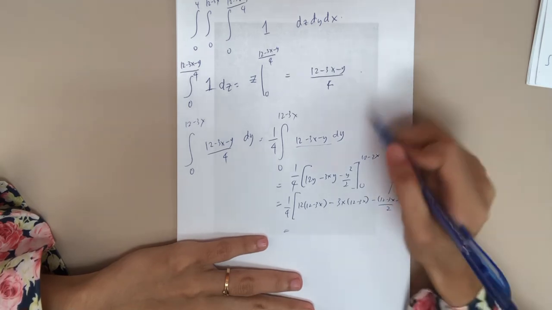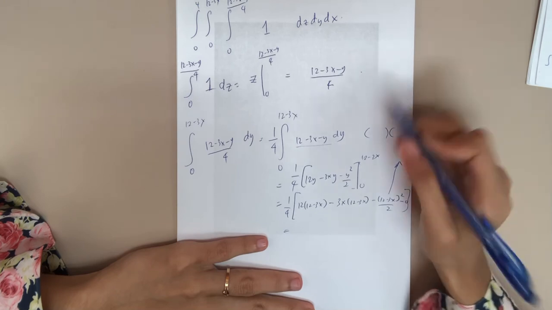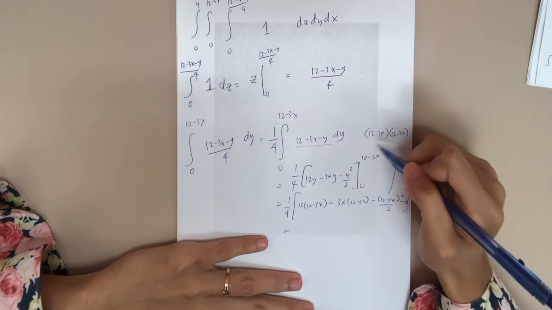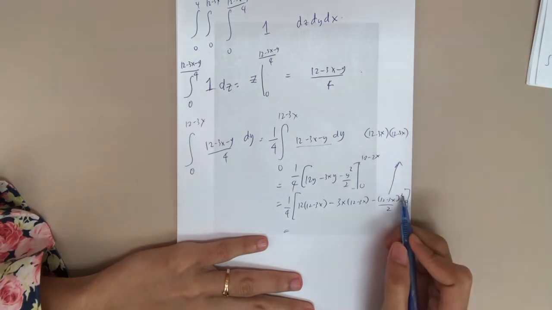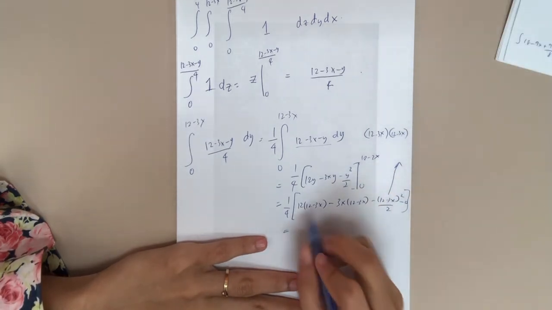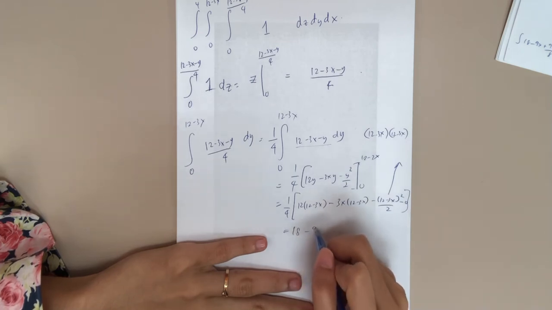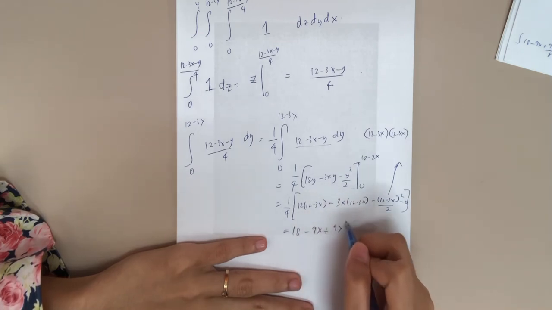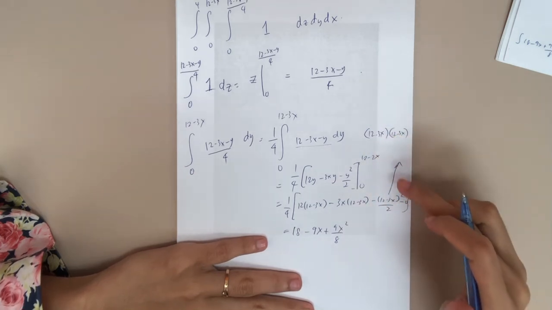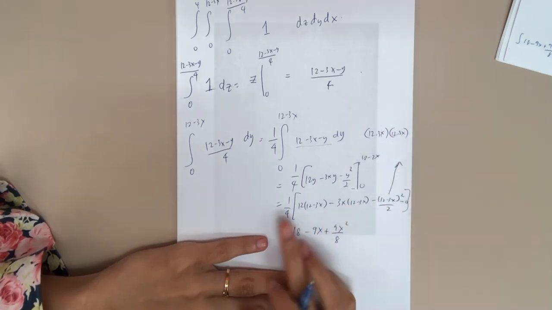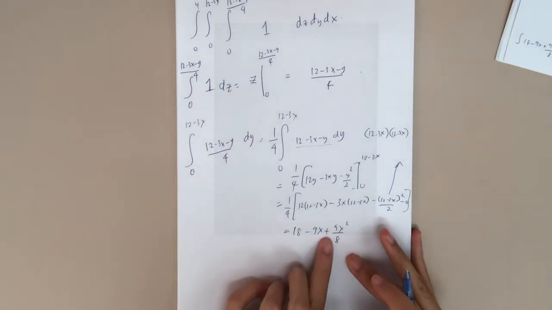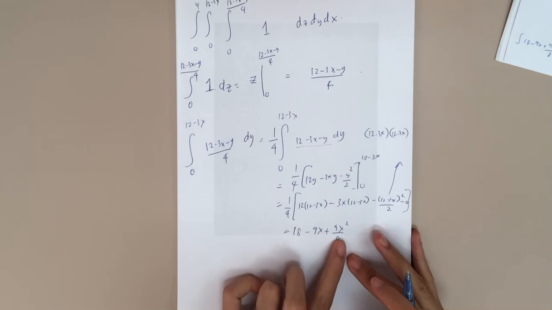I don't want to show you in detail, but this is how you need to expand, because it's power 2. After you expand all this, you should get 18 minus 9x plus 9x squared over 8.